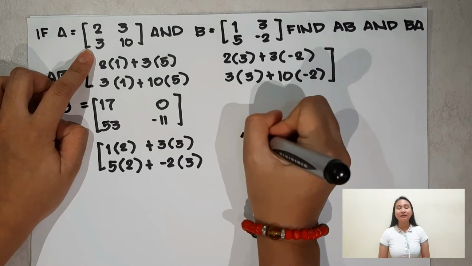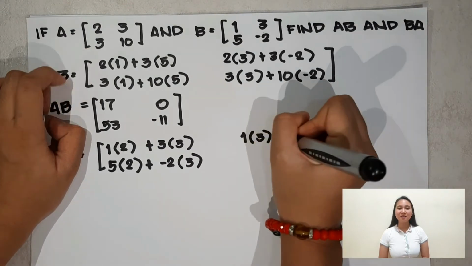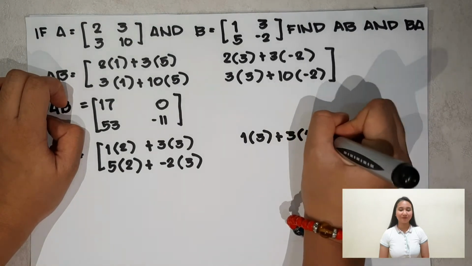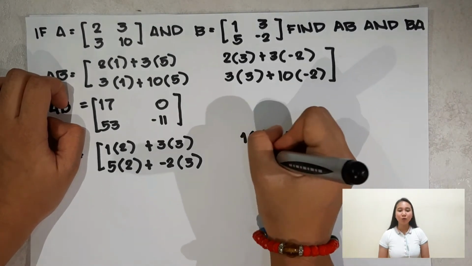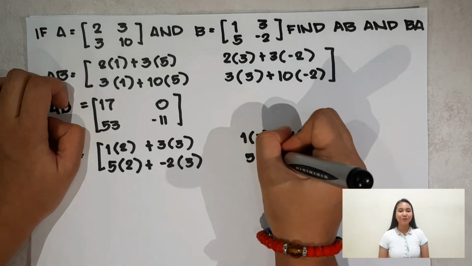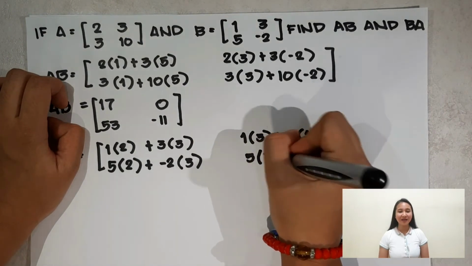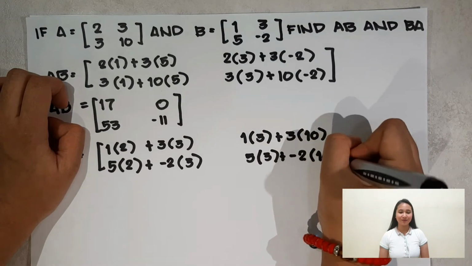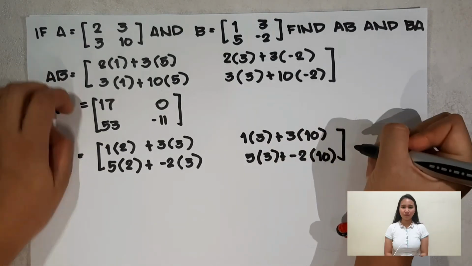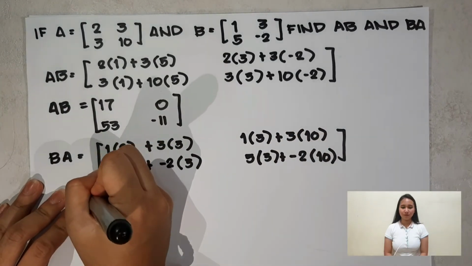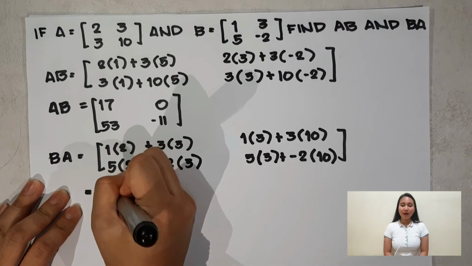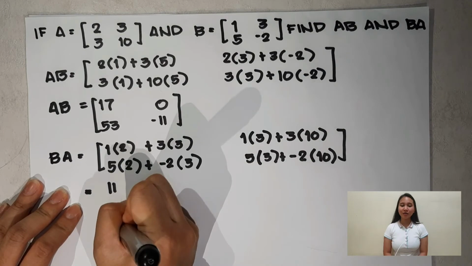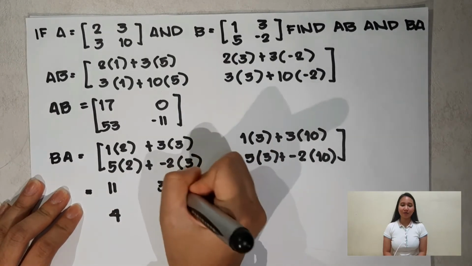Then 1 times 3 plus 3 times 10. Negative 2, 5 times 3 and negative 2 times 10.